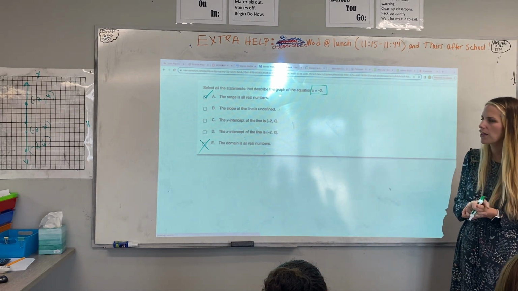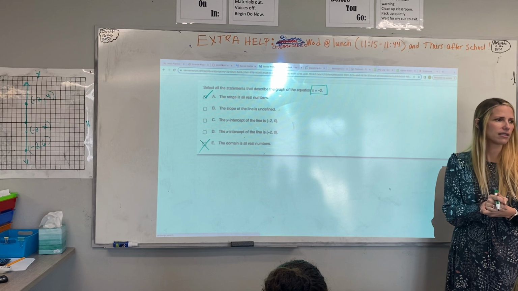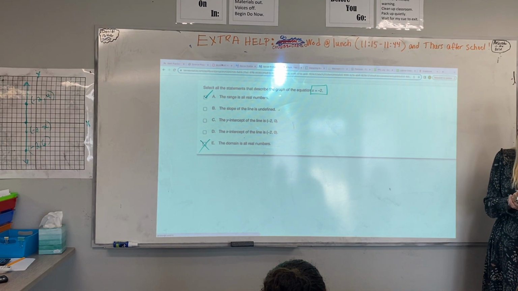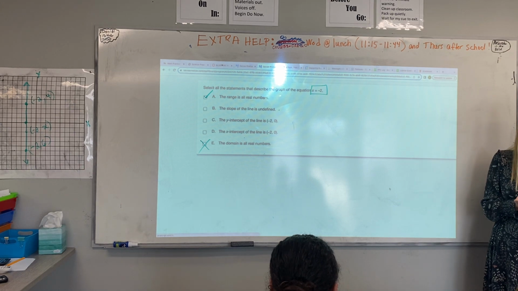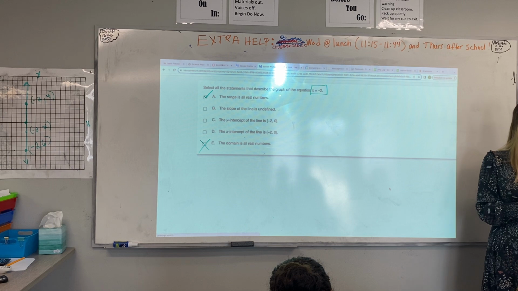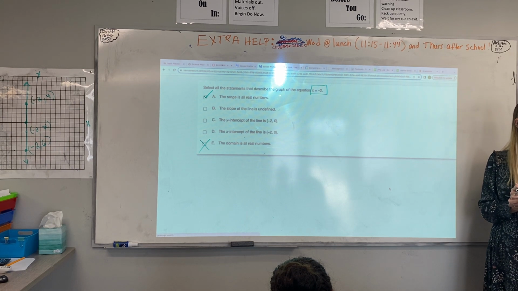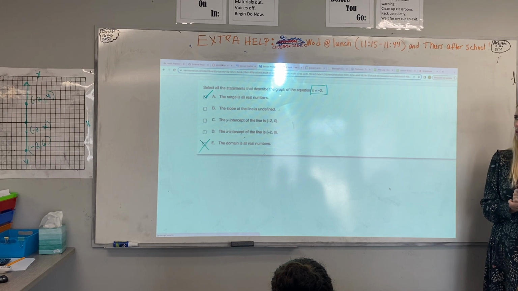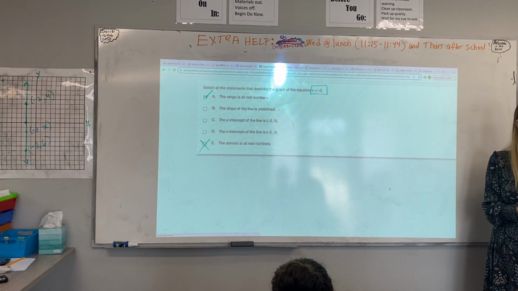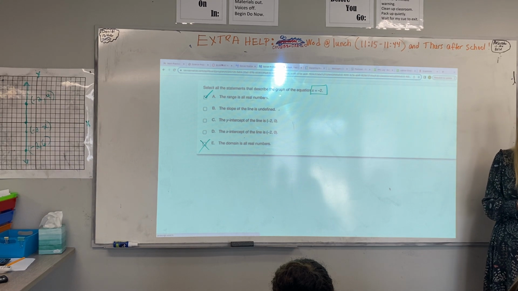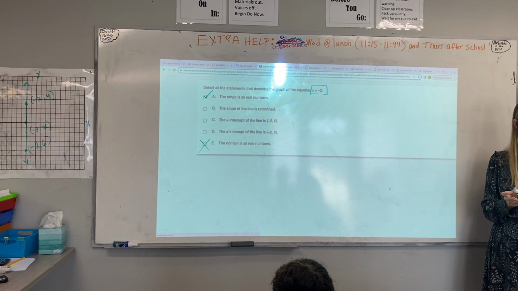The slope of the line is undefined. Dia, what do you think? True or false? The slope of the line is undefined. Well, I'd like you to explain either one of those statements with why you would choose that. Are they guesses? I put it as true.